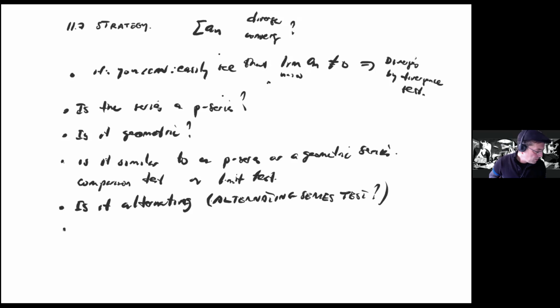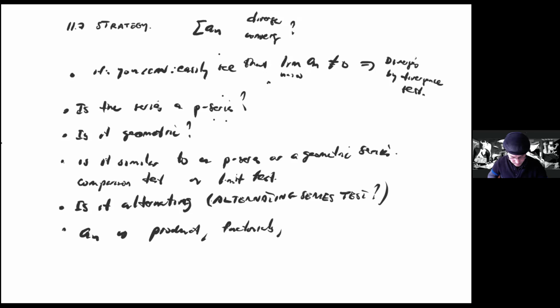Well, what happens, what's left? Well, what if a sub n is a product of things, or maybe there's a factorial in it, or maybe there's some power in it?